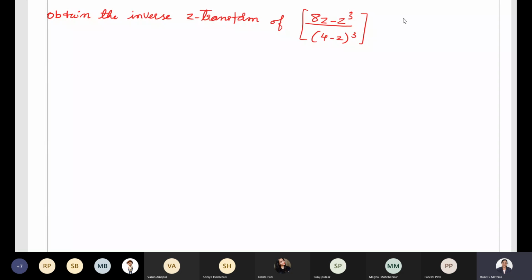The function is given; let's take this as u bar of Z. Let u bar of Z be equal to 8Z minus Z cube divided by 4 minus Z whole cube. Next step is we need to find u bar of Z divided by Z, that is, divide by Z on both sides. From the numerator, if I take Z outside, 8 minus Z square remains.